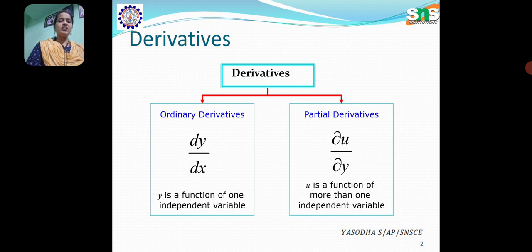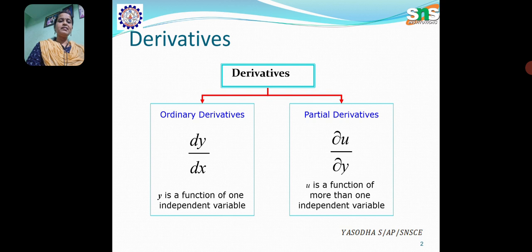Whereas partial derivative is where more than one independent variable occurs. It is denoted by dou u by dou x or dou u by dou y or dou square u by dou x dou y, like that. In ordinary derivatives, only one independent variable occurs, that is dy by dx.